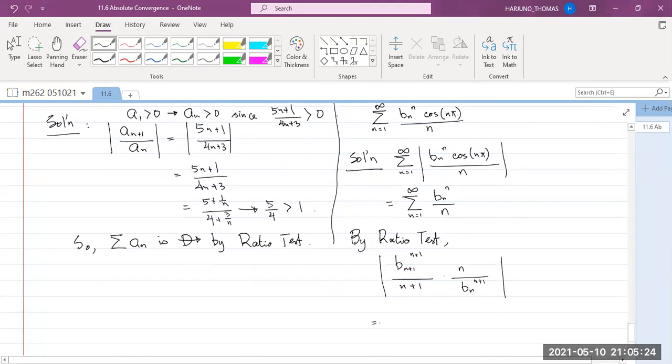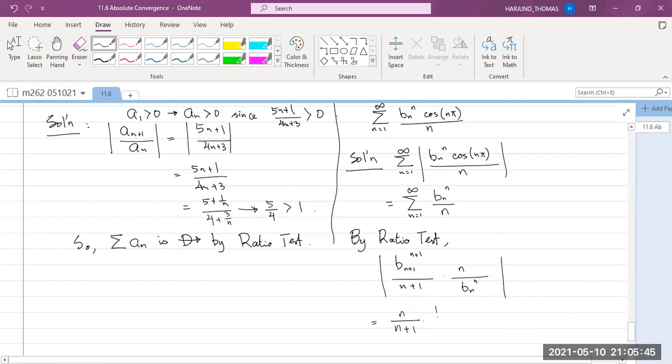This is equal to, I'm sorry, this is just b sub n to the n. So I don't need absolute value anymore. Let me take care of the n first. I know this part will converge to 1.